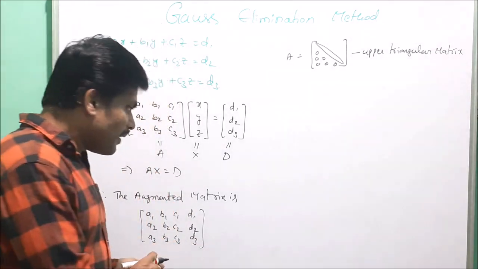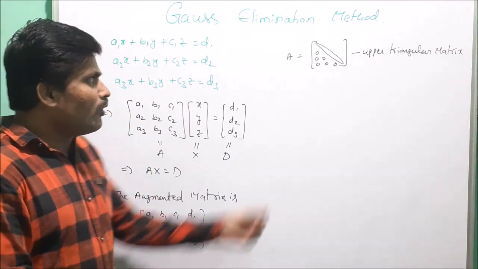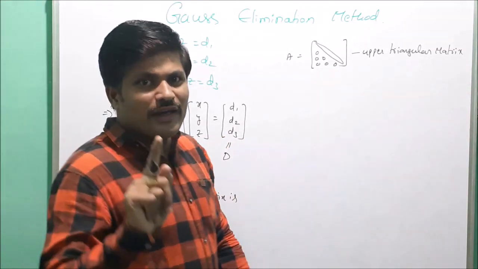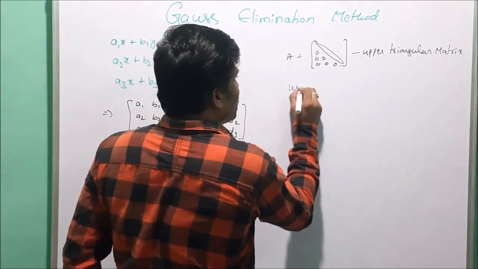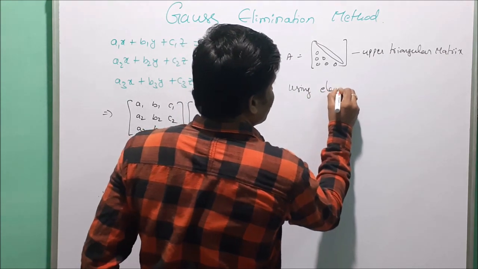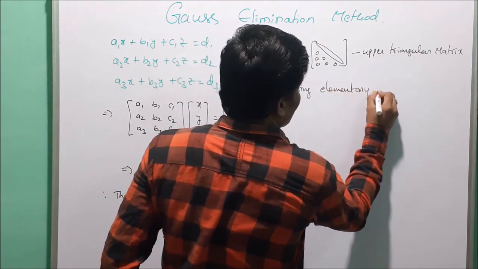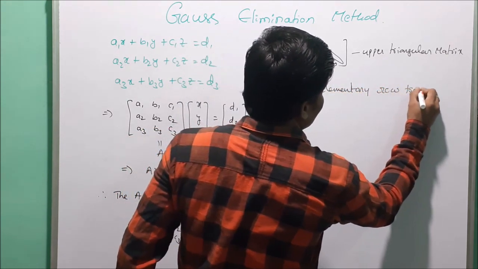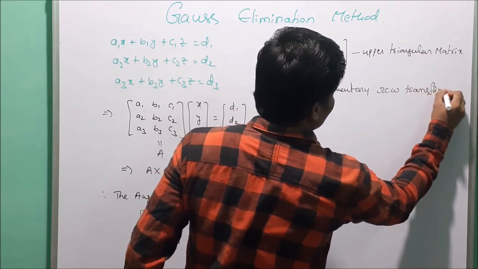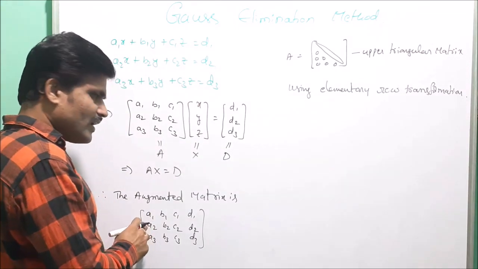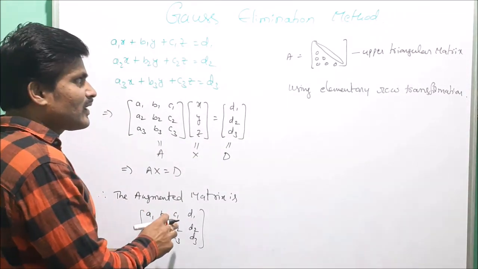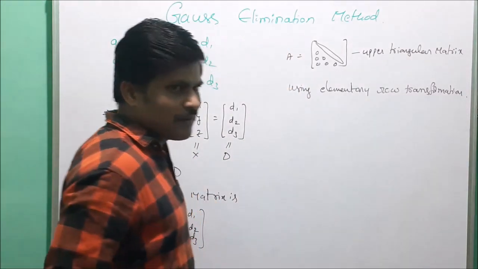The augmented matrix is converted to an upper triangular matrix using elementary row transformations. This is the main step. Using elementary row transformations, the matrix can be converted to an upper triangular matrix.